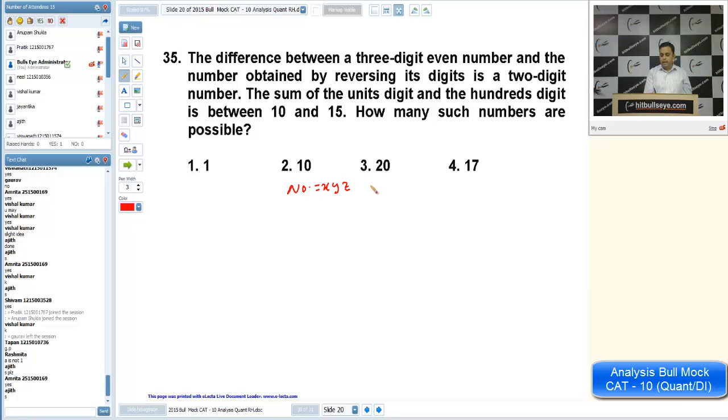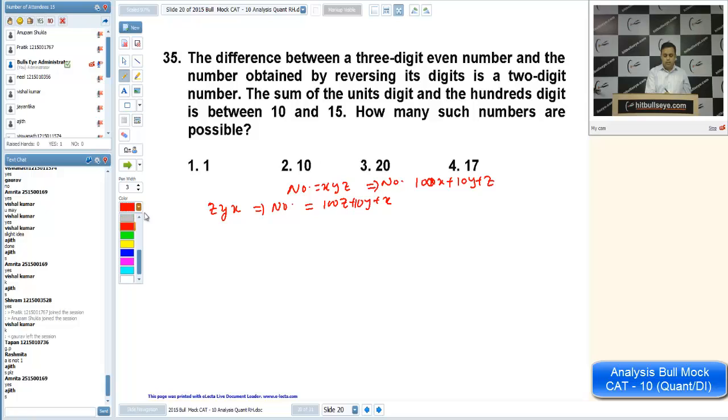So we will write the number as 100x plus 10y plus z. Now if we reverse the digits, the number will become z, y and x. That means the number is 100z plus 10y plus x.